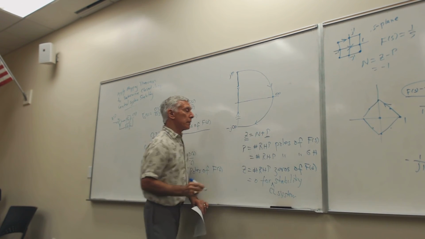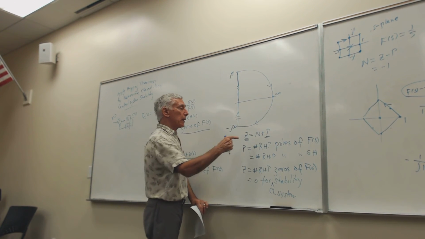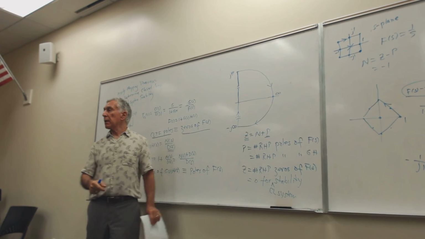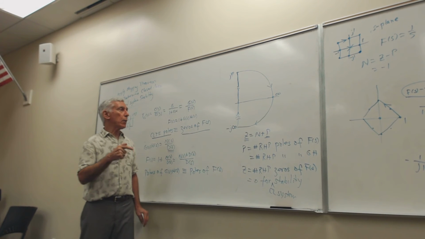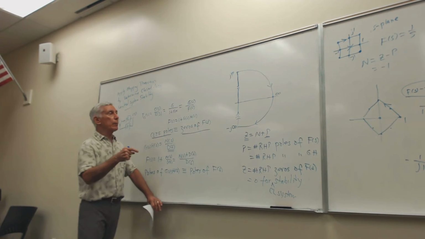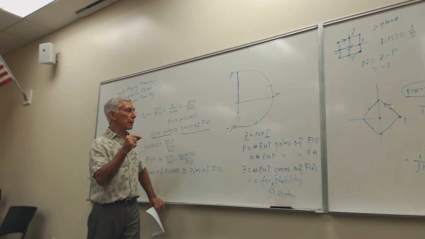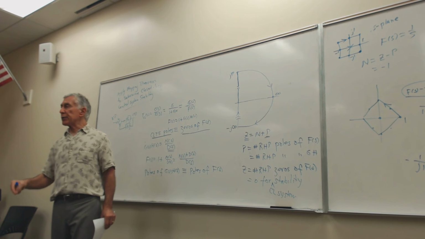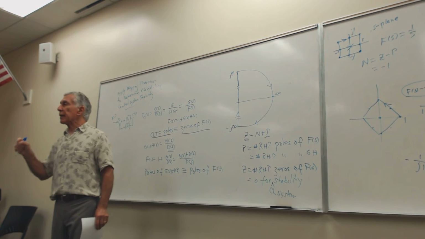We know what this is. In order to determine what Z is, we have to know what N is. So the whole objective here is to determine N. N, remember, is the net number of clockwise encirclements made about the origin of the F of s plane contour.